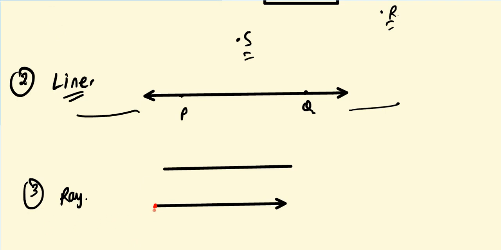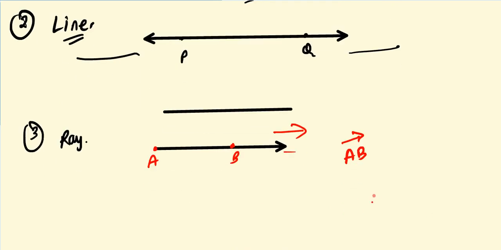This point is fixed, A. And another point you are having, B here. Now you are having an arrow this side. That means you can produce this line further in this direction. This figure shows a straight line that starts from a given fixed point A and moves through point B in the same direction, and that's why ray is represented as AB, this symbol.